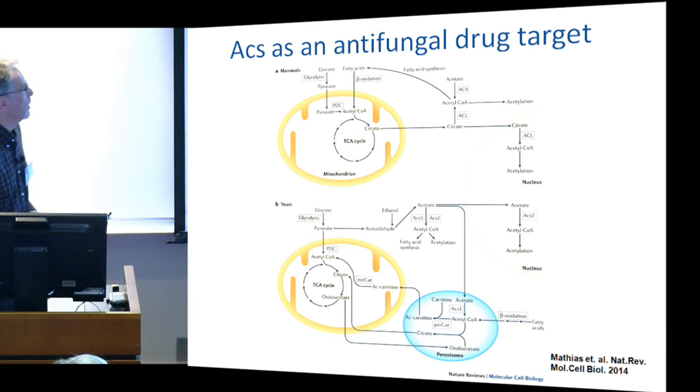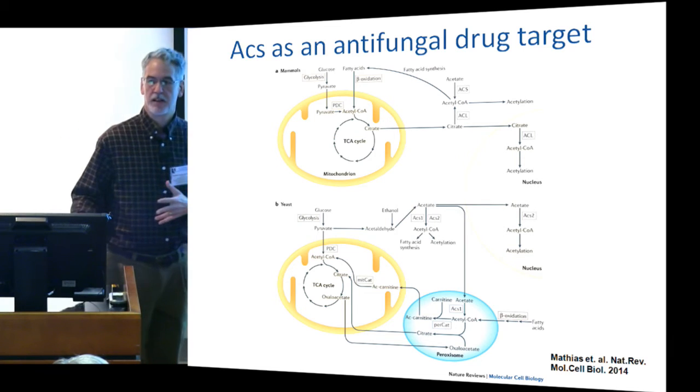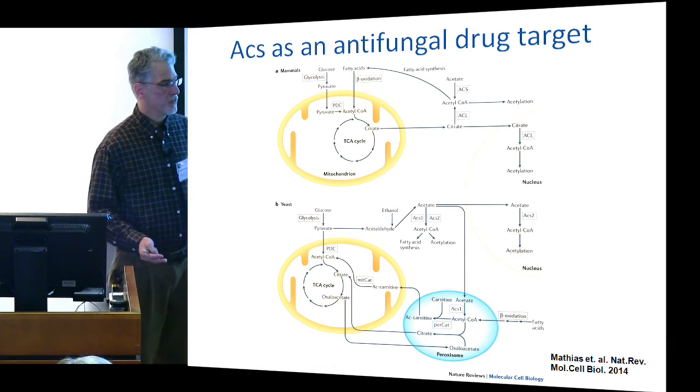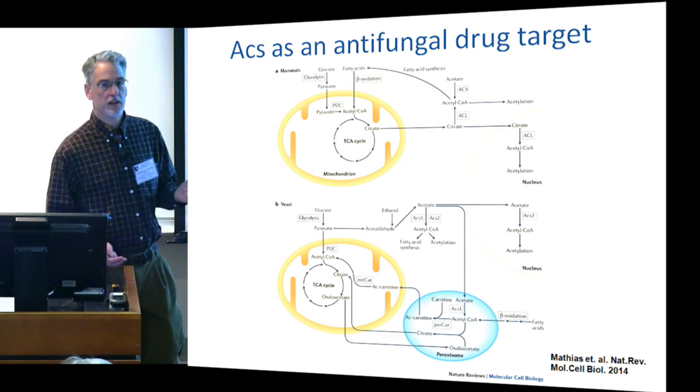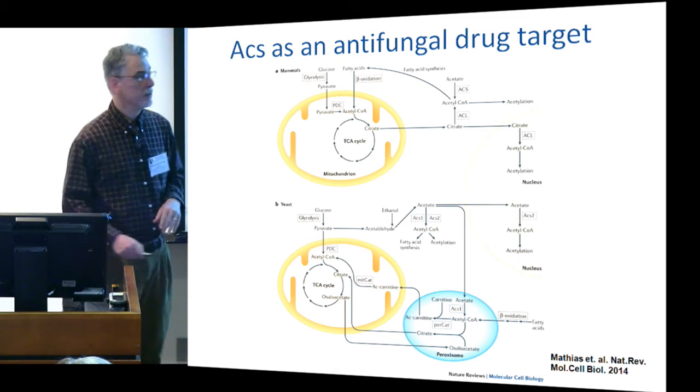And so acetyl-CoA synthetase seems kind of fundamental. Is this something we want to be messing up? Are we going to be killing our patient as well as killing our fungi? It turns out we've stumbled, I think, into a really interesting, neat hole that has been overlooked to this point.